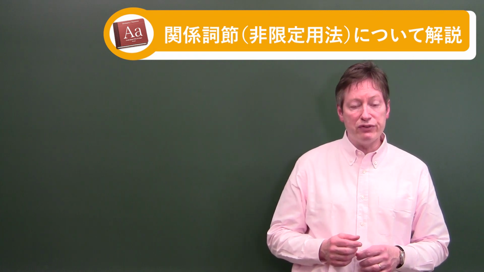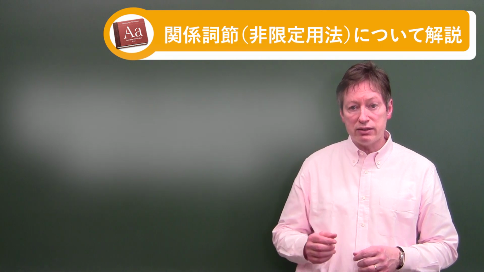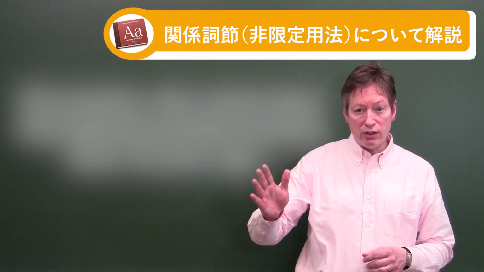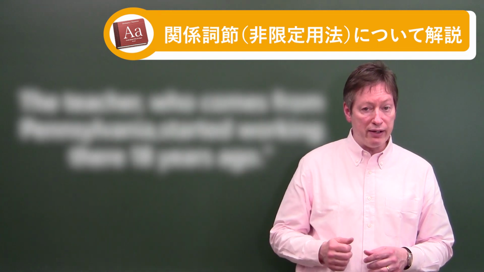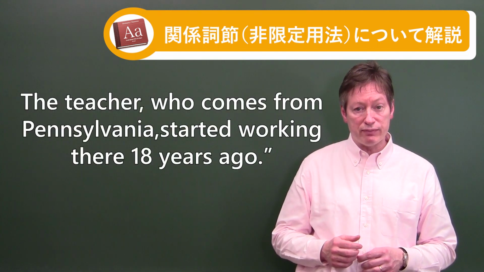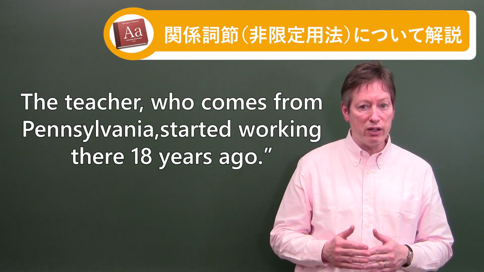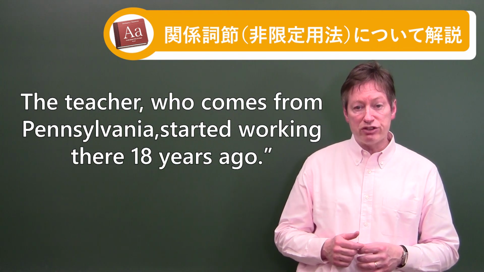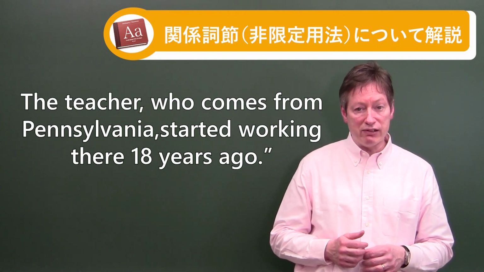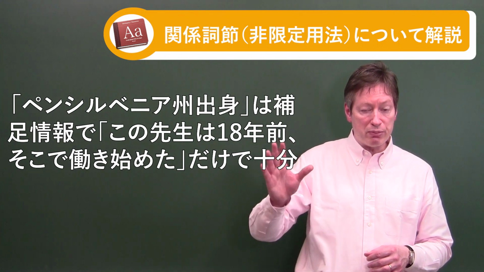Now, if I use a non-defining relative clause for a person with who, in that case, the teacher, who comes from Pennsylvania, started working there 18 years ago. I connected it to that school situation there as well. You might have caught that. Okay, and I don't need to put the who comes from Pennsylvania in there.